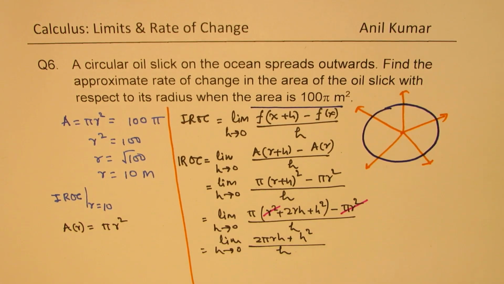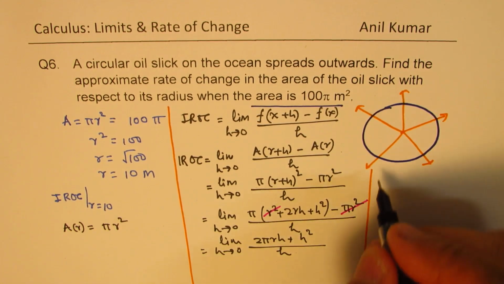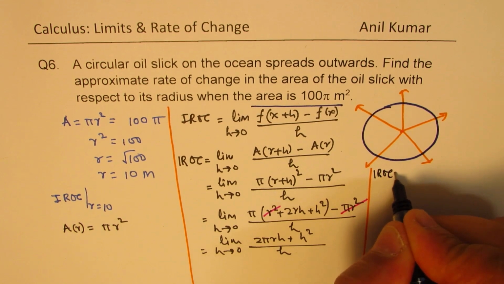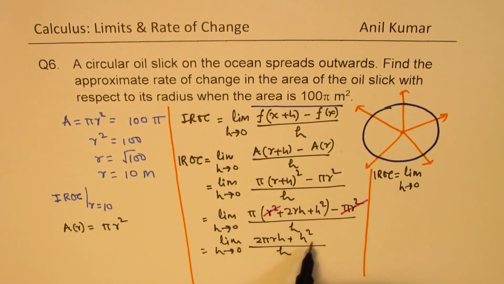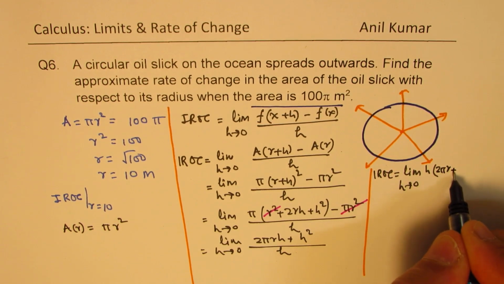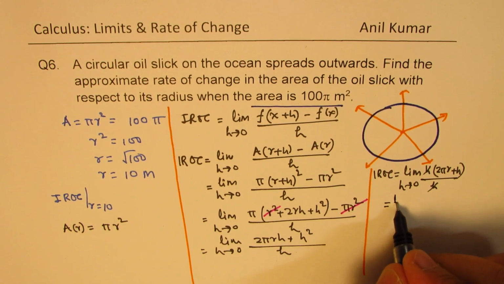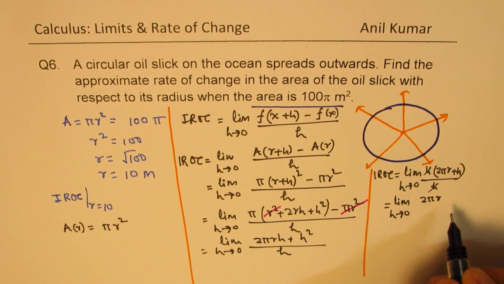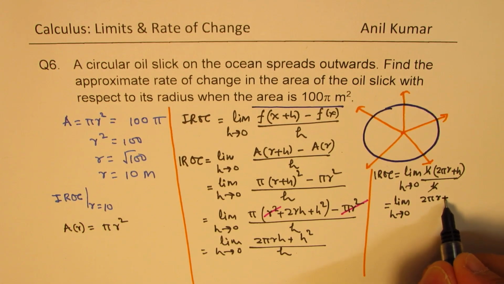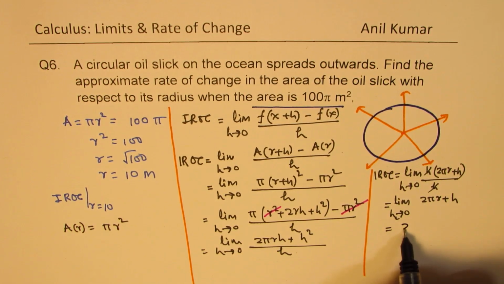Now you can take h common, right? So we get the instantaneous rate of change equals the limit as h approaches 0 of h times (2 pi r plus h) over h. Now h and h cancel. So we get the limit as h approaches 0 of 2 pi r plus h. Now when h approaches 0, we get this answer as 2 pi r.